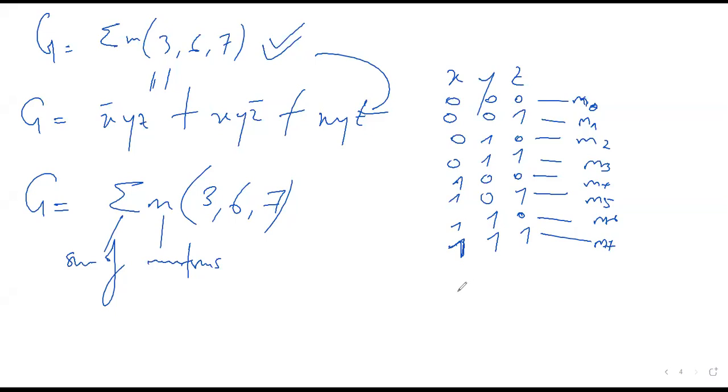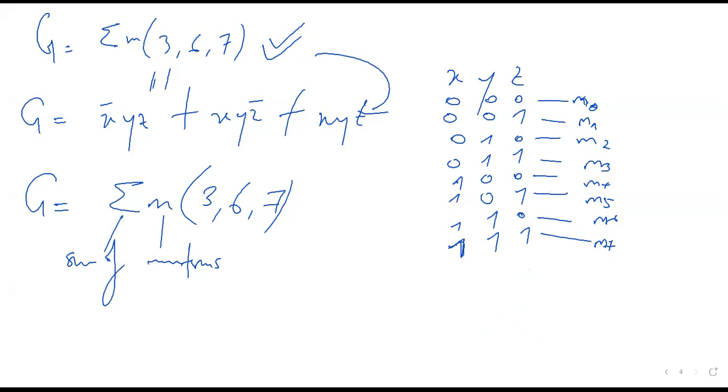If I use the formula I gave you to find the variables, the weights are 1, 2, 4. If we have 1, 1, 1, it means 4 plus 2 plus 1, that's a 7. So for 3 variables I have min term 0 to min term 7.